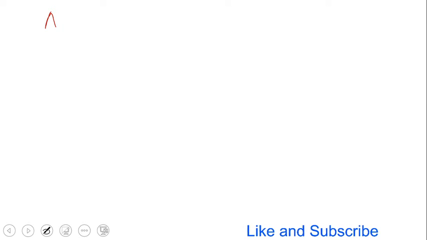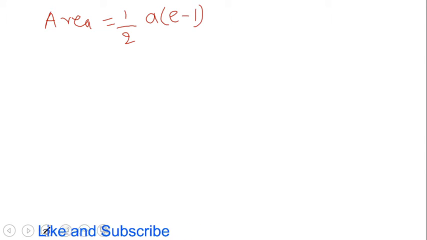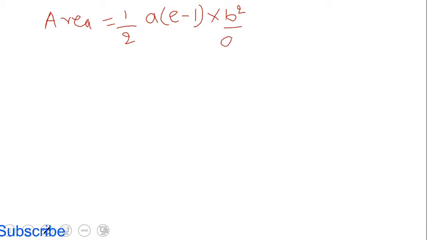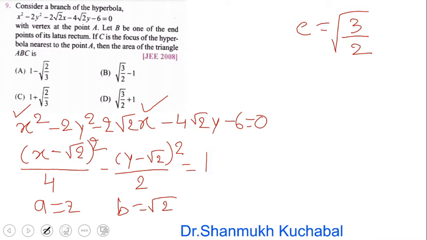So area of a triangle is half into base, which is a e minus 1, into height, which is b square by a here. So we know the values of a, b and e. A is 2, b is root 2, and e is root 3 by 2.